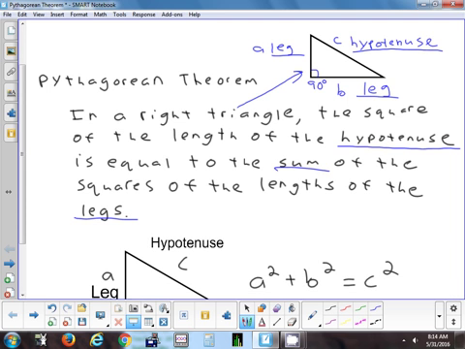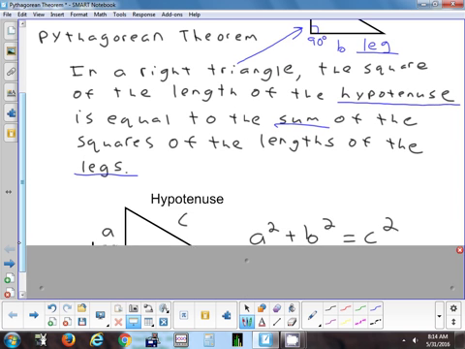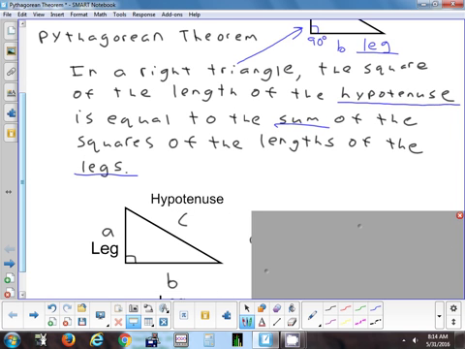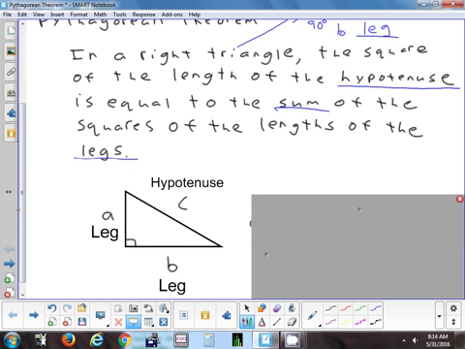All right, so you already have this diagram, and I think you already filled it out. You have sides A, B, and C. Okay, did everybody already label A as a leg, B as a leg, and C as the hypotenuse? All right, so we already got that. And now let's see if we can figure out what the formula is using these letters.